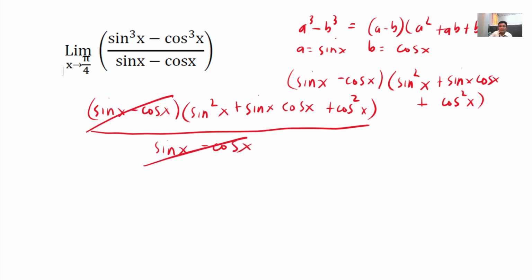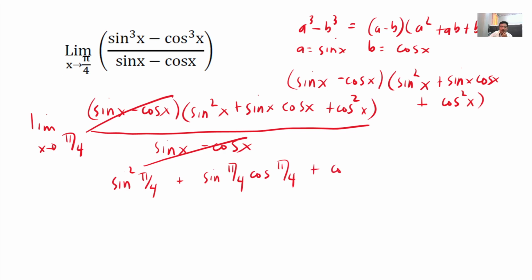So same, cancel, cancel. So that is limit as x approaches pi all over 4. We now substitute the value of pi all over 4. So that is sine of pi over 4 squared plus sine pi over 4 cosine pi over 4 plus cosine of pi over 4 squared.